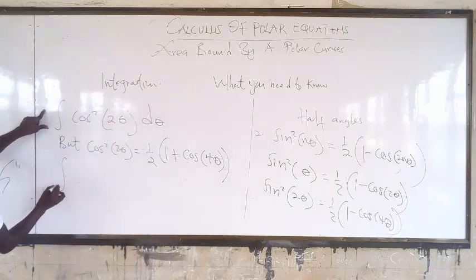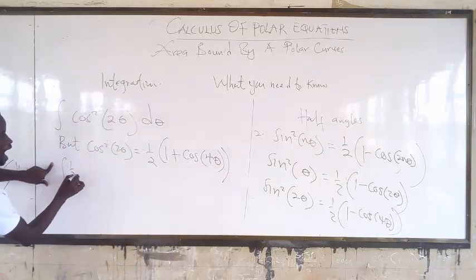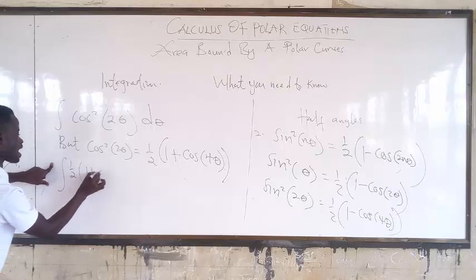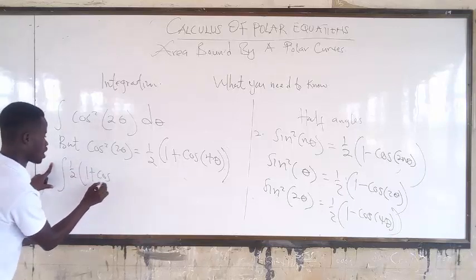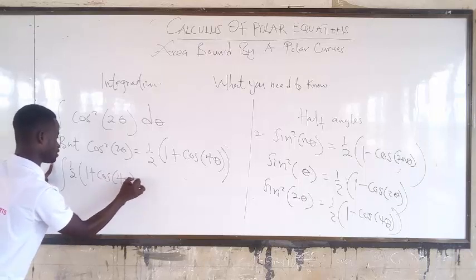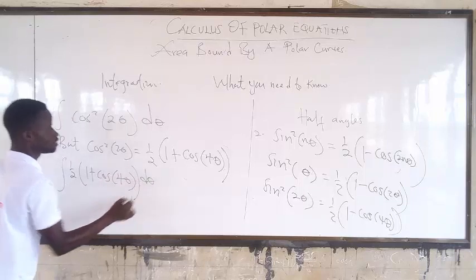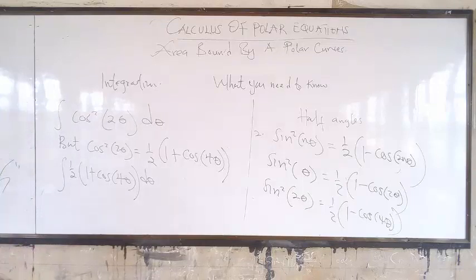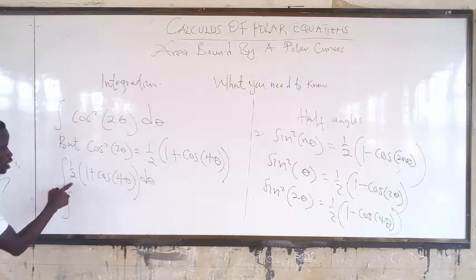So that means that to integrate this, you change it to half of 1 plus cos 4 theta d theta. Now clearly, to integrate this is easy.